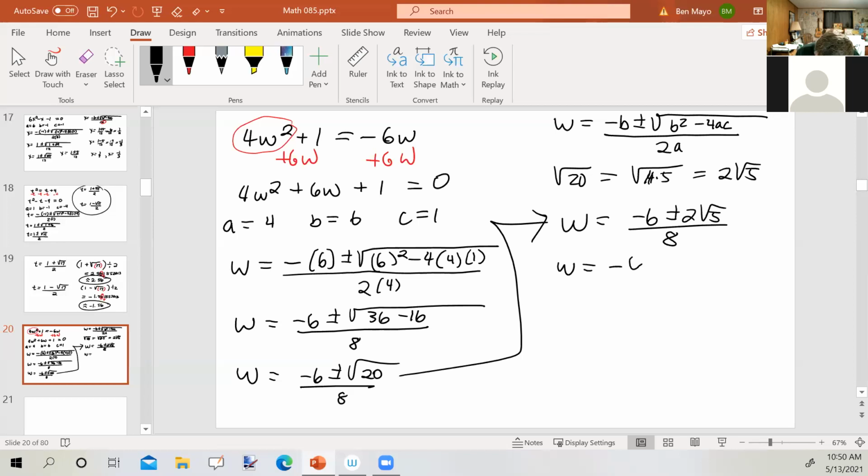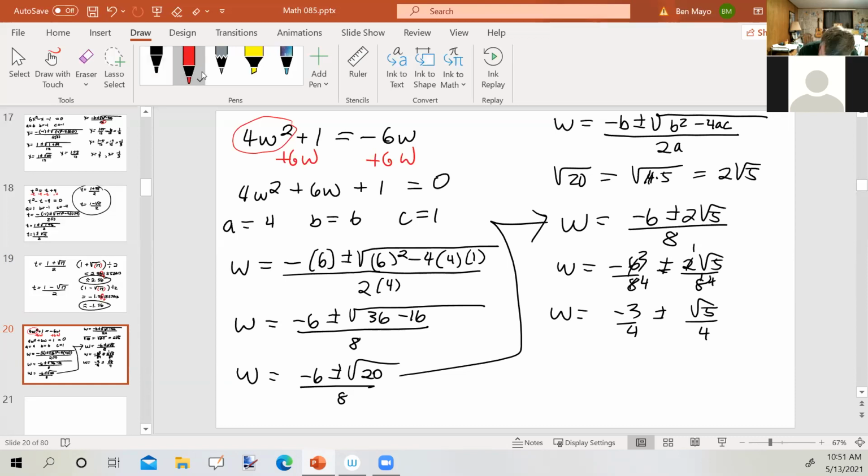First, what I'm going to do is split it apart, not in half, but into the separate terms, okay? Then I'm going to reduce that one and reduce that one, okay? 6 over 8 is 3/4, 2 over 8 is 1/4, and even though there's an implied 1 in front of the square root of 5, I don't technically need to put it there.